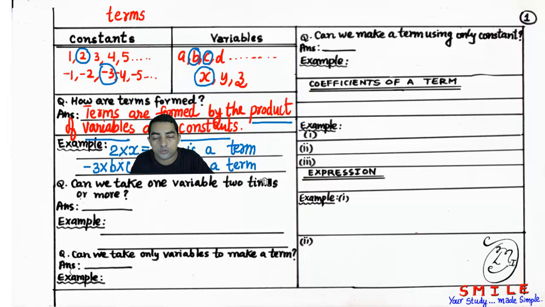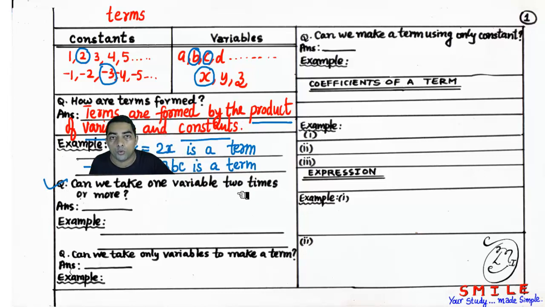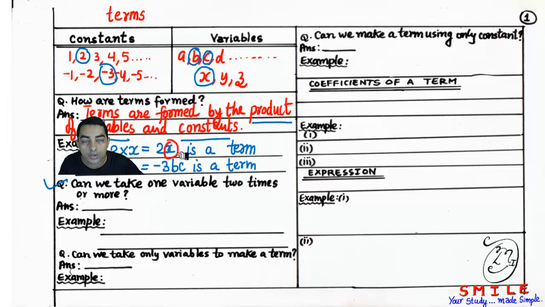Now, a few questions which students have often asked. The first one: can we take one variable 2 times or more? They mean to say, in the example above we have taken x only once, right? Can I take it more than once? Answer is yes, I can take it more than once. For example, I'll take 3 multiplied by x multiplied by x.